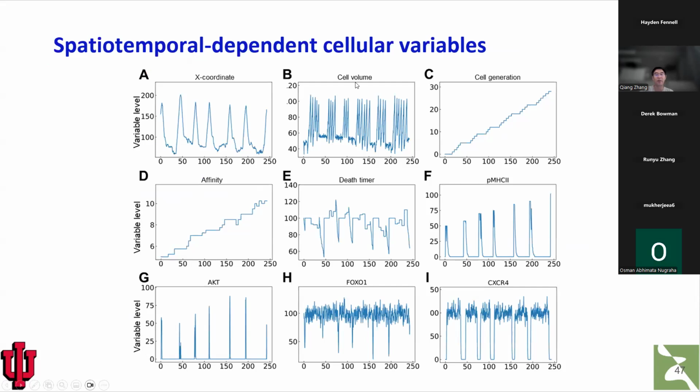You can see, for example, the cell volume going up and down. That's representing the cell. These cells are actually proliferating three or four times in the dark zone, and then moving back to the light zone, not proliferating, and then going back to the dark zone, proliferating for more time again. So each time the number of divisions varies.